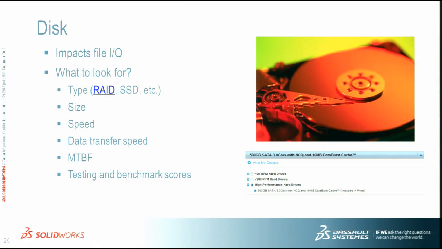Disk. So what to look for? It's file I/O. It also impacts the general operation of the system. So a couple things you want to look for. Type: if you're using standard drives, or using a RAID configuration, which takes more than one drive and blends those together, like a RAID level 0, will actually stripe between two drives, which will increase performance.